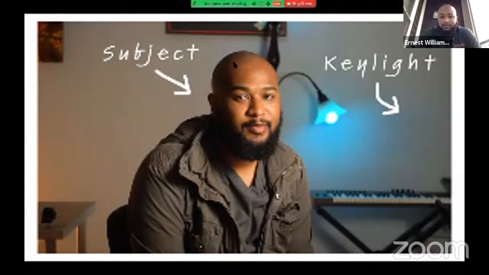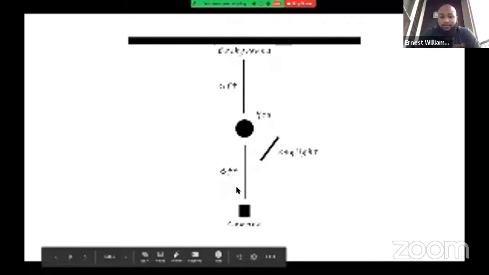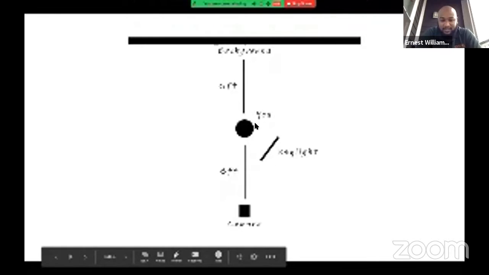So this is just a diagram of most of my YouTube setups. I always try to have distance. The camera is about 3 to 6 feet away, depending on what lens you use, but this will vary. I have my light off to the side, and I'm always at least 6 feet away from the background.